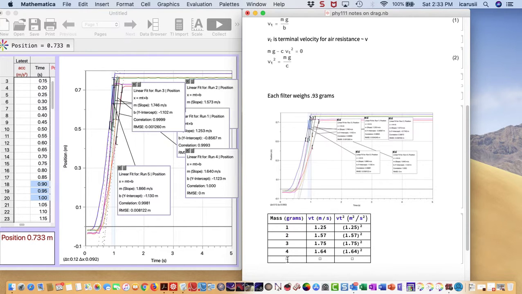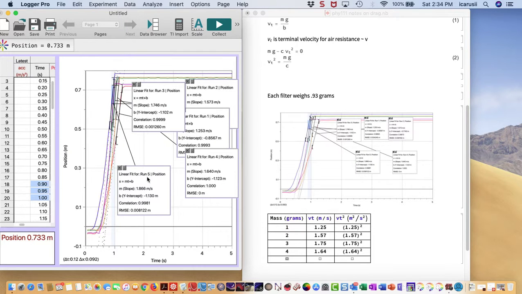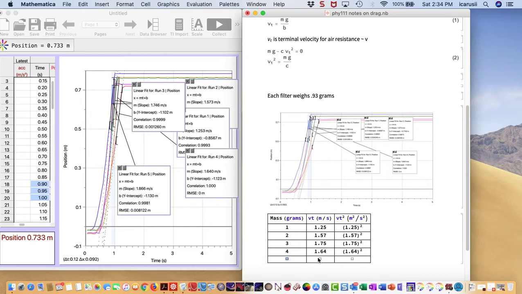And that is par for the course with any experiment. You're always going to have something that looks a little funky. And then this last one is going to be 1.86. So there's 5. 0.86. Okay. So there you have it. I'm just going to adjust my table so that I get something that makes sense when I execute it.